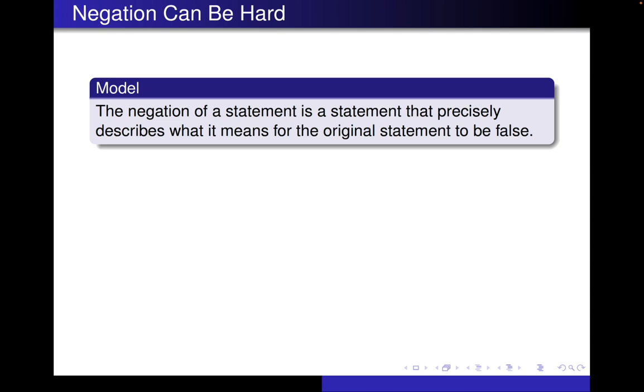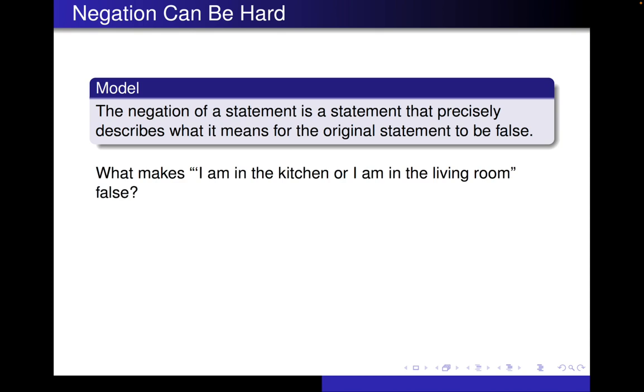And as long as I make it so that it doesn't have any other situations outside of that, then when the original statement is true, then my negation is going to be false. So it makes sense in terms of how we originally define it, but it makes it a lot more concrete in terms of being able to say, find the negation of I am in the kitchen or I am in the living room.